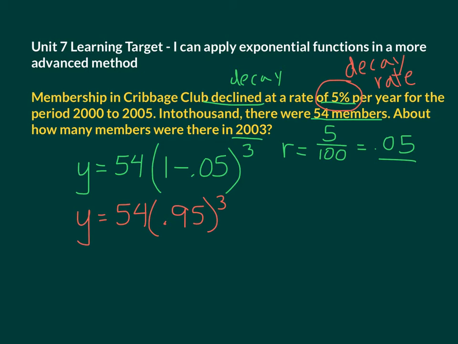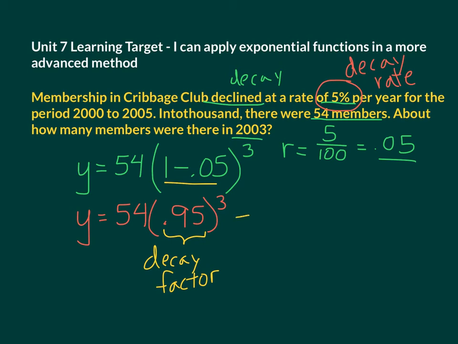This number in here, when it is simplified, is the decay factor. It's good to be able to recognize that. That's how we would get that, knowing that 0.95 is the same as 1 minus 0.05. So we're going to plug this into our calculator and get an answer.